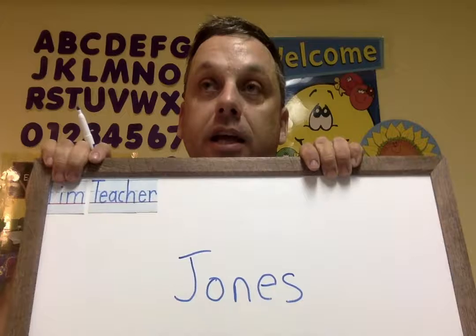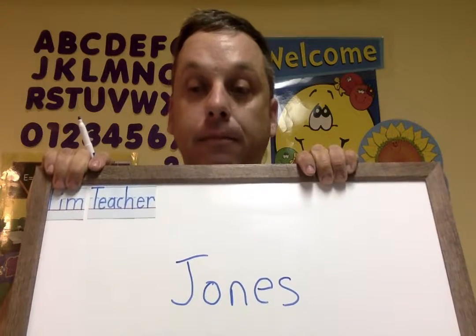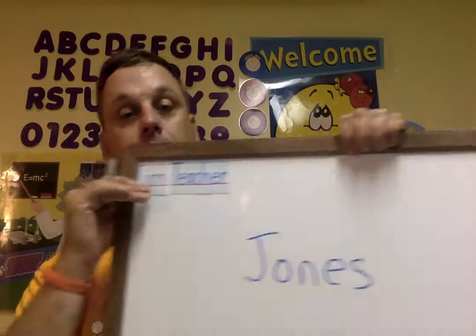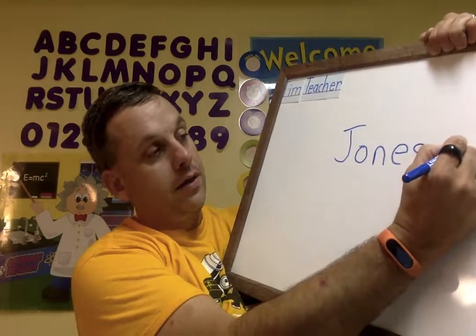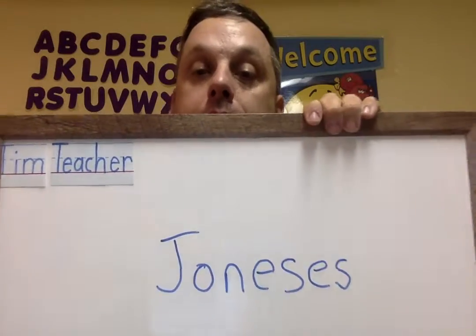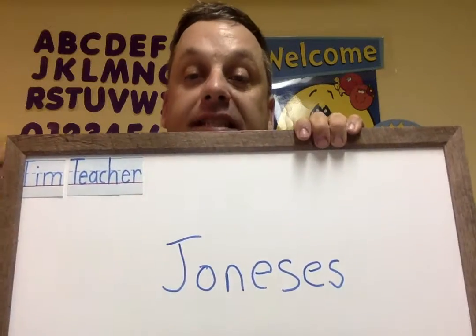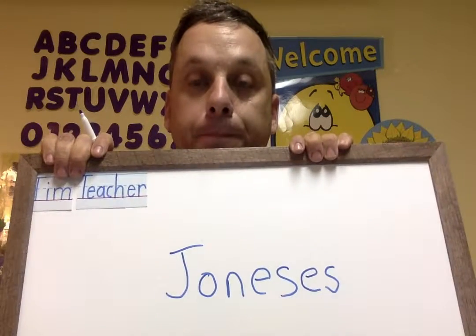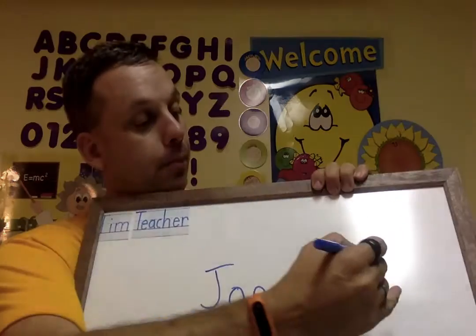Talking about maybe it's a party for everybody named Jones. I could also say that there are many Joneses at the party. This means more than one person with the last name Jones. And I could say that it is the Joneses' party.